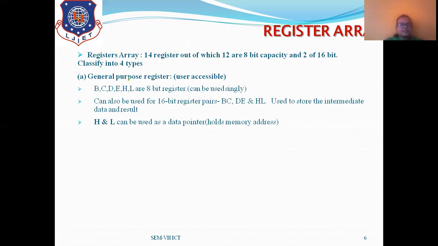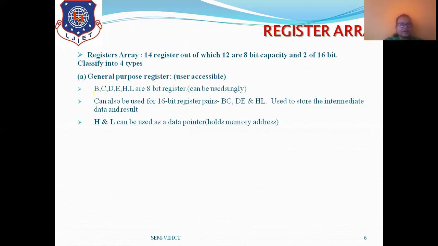Now these general purpose registers are accessible to the user. The user can store the data, the user can receive the data from that general purpose register. So there are 6 types of register in general purpose register.